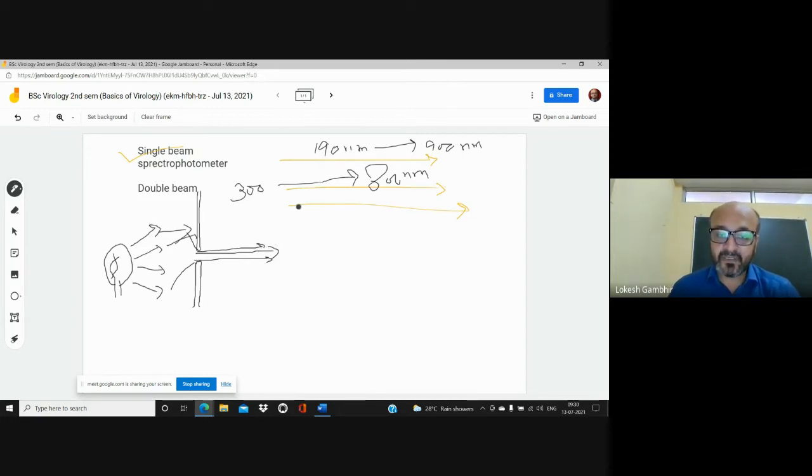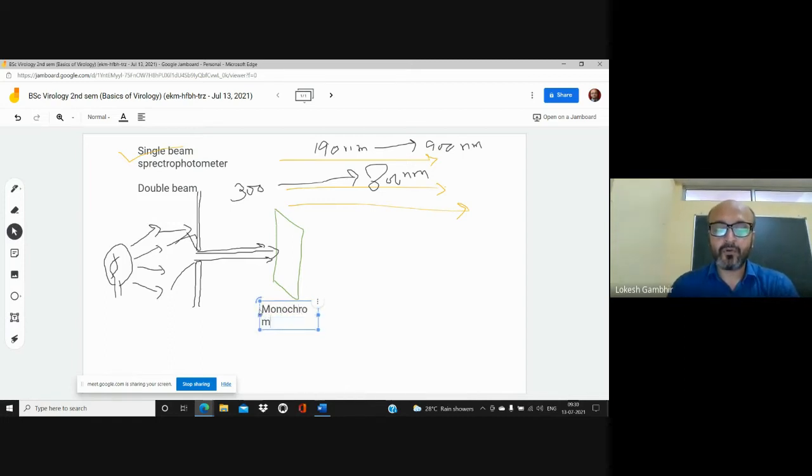Then there is another part of the instrumentation attached here that we call a collimator, or I prefer to call it a monochromator. Now what is a monochromator? Mono means single, chromator means color: a single color producing filter is called a monochromator.